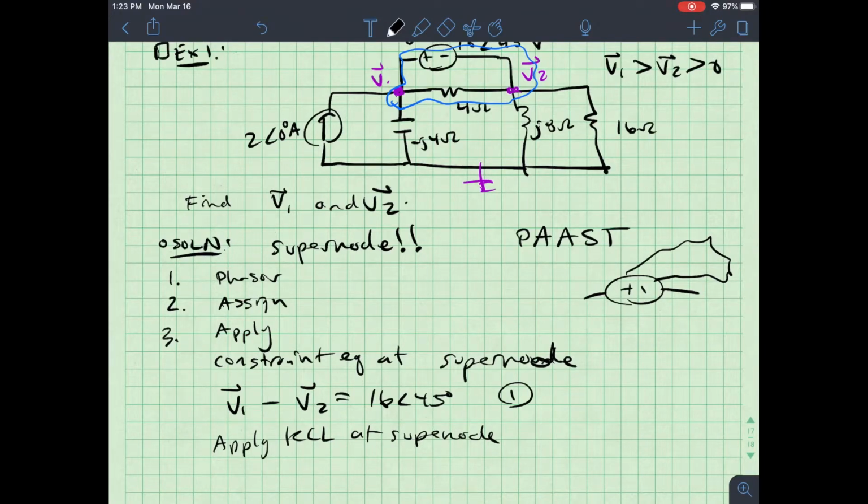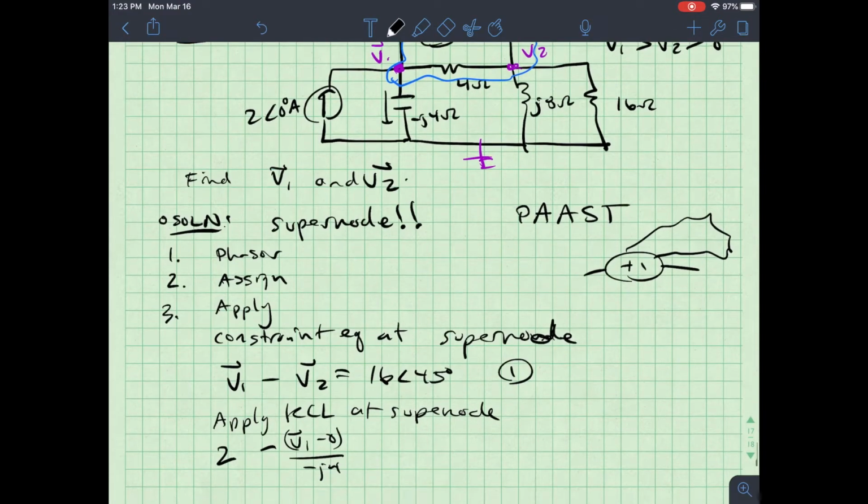So I've got my 2 amp source coming in. I've got the current through this negative j4 ohm capacitor going out, so minus V1 minus 0 over negative j4.